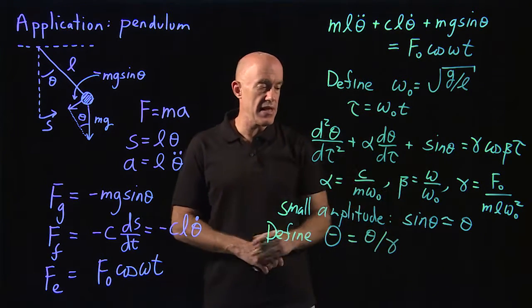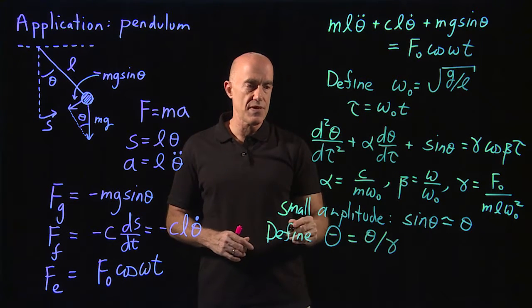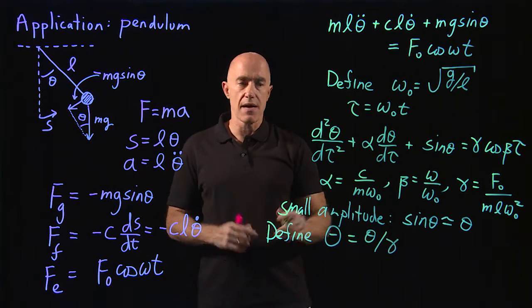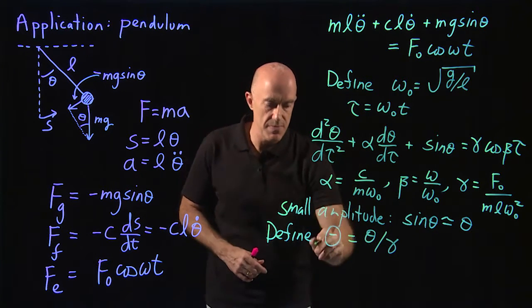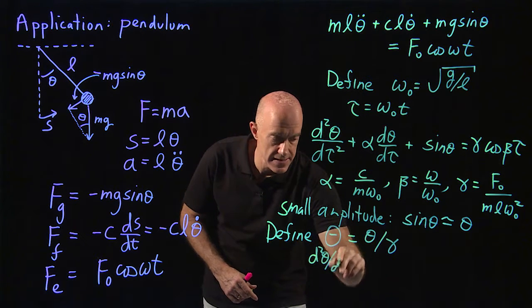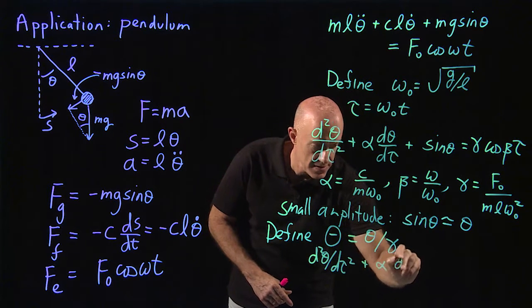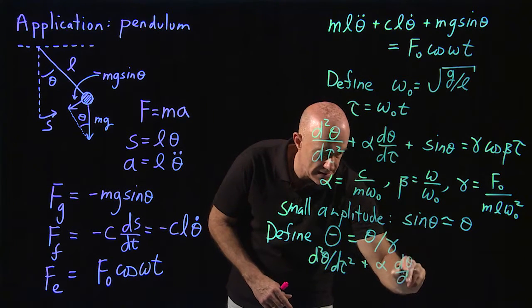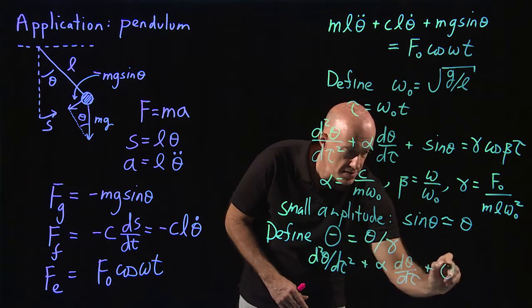So we can eliminate gamma from this equation, and we can end up with the same dimensionless equation that we've always considered, which would be d squared Theta d tau squared plus alpha d Theta d tau plus Theta.